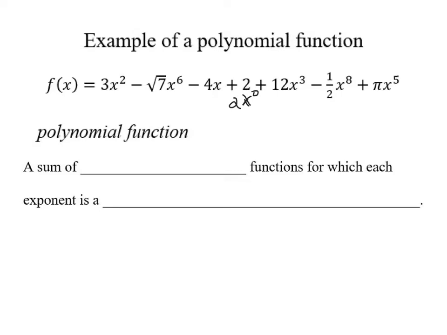Okay, what is a polynomial function? I should have written it as a sentence, but you could think of it as: a polynomial function is a sum of power functions for which each exponent is a whole number.